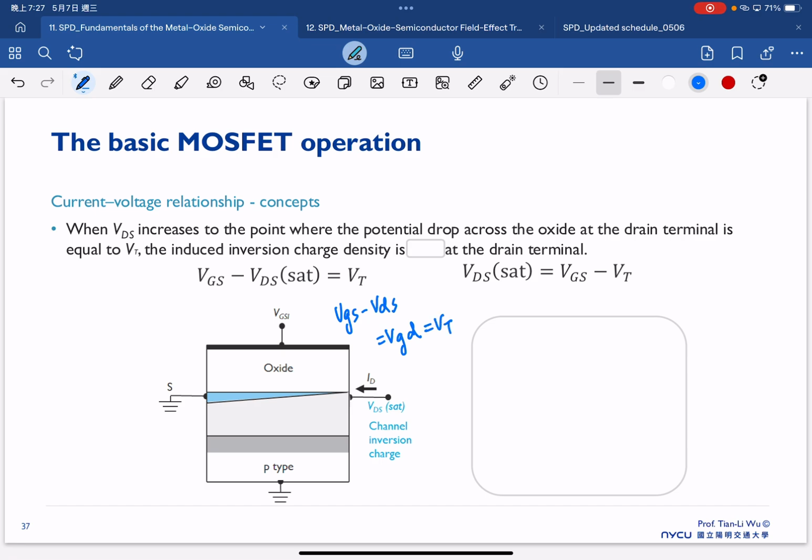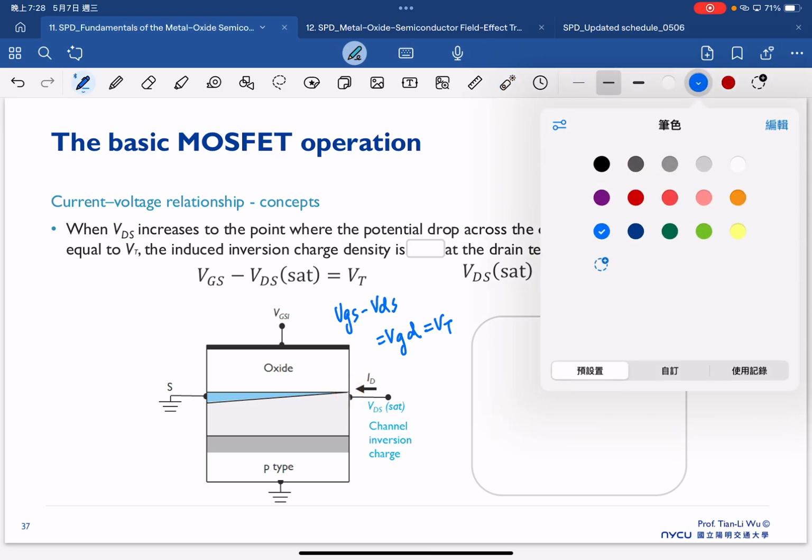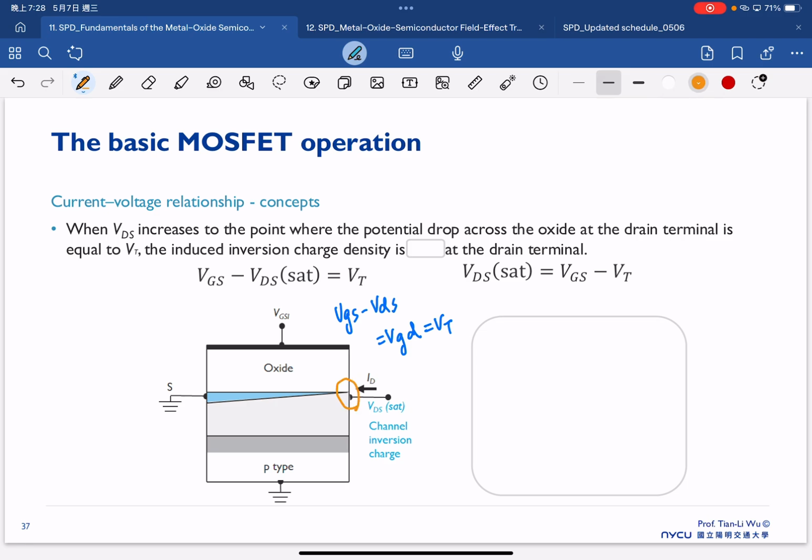So if at this bias point our voltage is equal to the threshold voltage, that suggests that our inversion carriers here become 0, right? Because we already mentioned the threshold is a criterion. Beyond threshold, we start to have the inversion charge. Below threshold, we don't have the inversion charge.